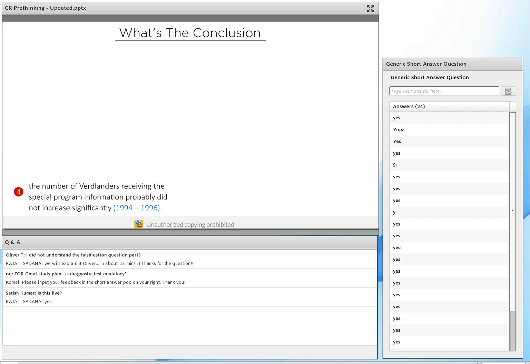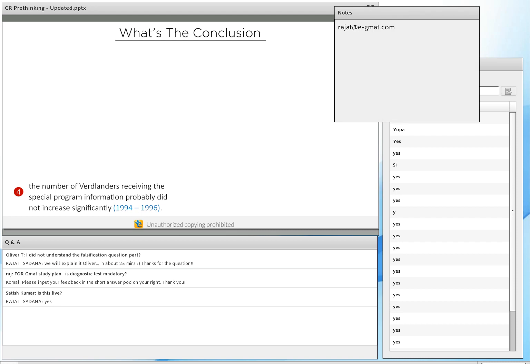What this is really saying is that if in 1994 1,000 people received special program information, SPI, then in 1996 the number is between 990 and 1010, or you could say 900 and 1100, doesn't matter.